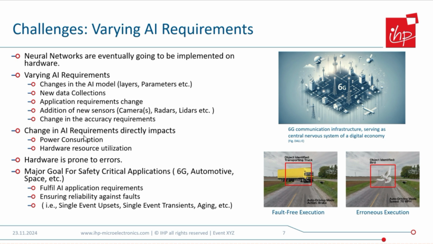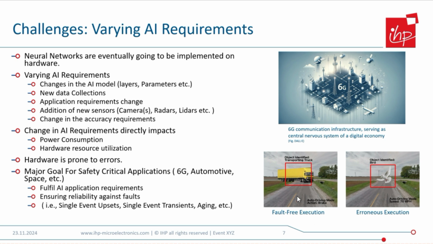And as we know, hardware is prone to errors. The downsizing of the transistors results in an increase in the vulnerability to transient faults due to reduced threshold voltages and narrower noise margins. Imagine this self-driving car scenario where you have a fault-free execution.